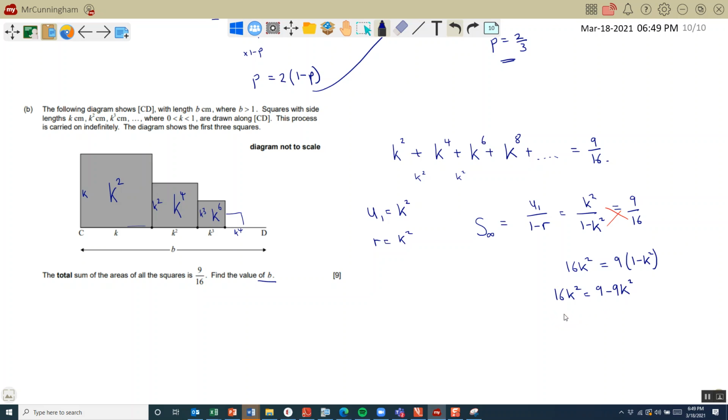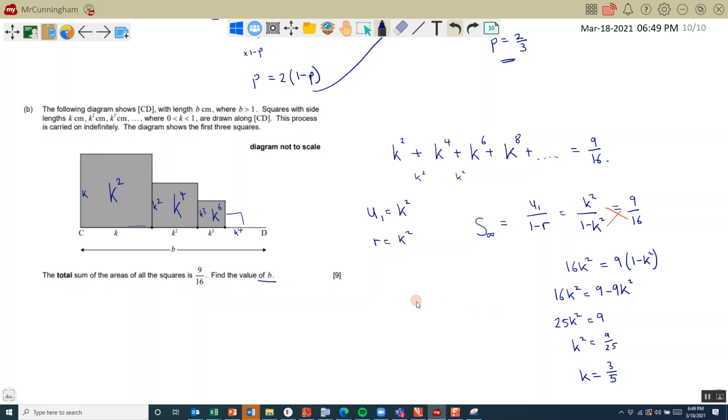I'm just checking my work here. I think that's all okay. So that's 25k squared is equal to 9. Divide both sides by 25. So k squared is equal to 9 over 25. Take the square root. So k is equal to the square root of 9, which is 3, over the square root of 25, which is 5.